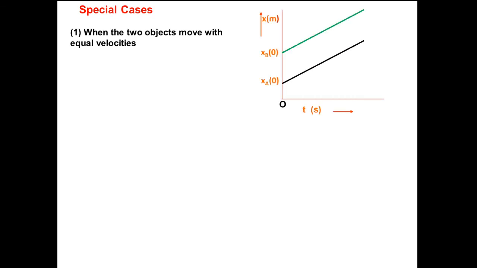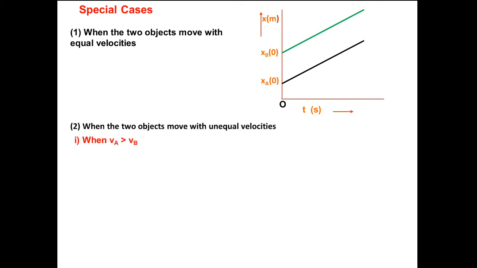Now some cases. If both objects move with equal velocity, see here the graph: the slope of the x-t graph gives the velocity. So if the velocity is same, the slope is same, so these two lines will be parallel. The x-t graphs will be parallel if A and B are moving with equal velocity.